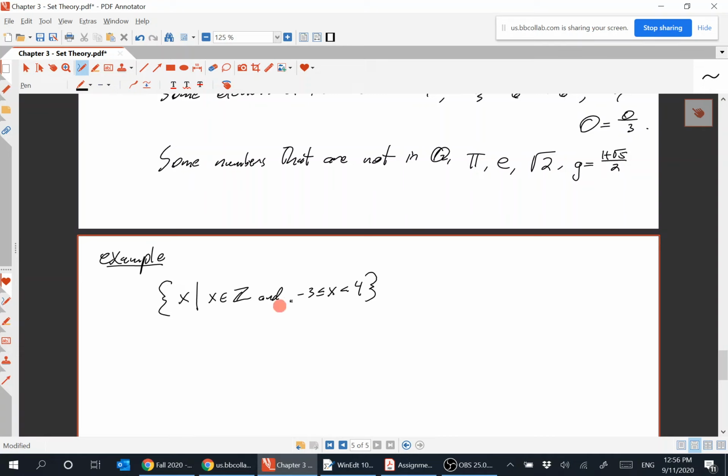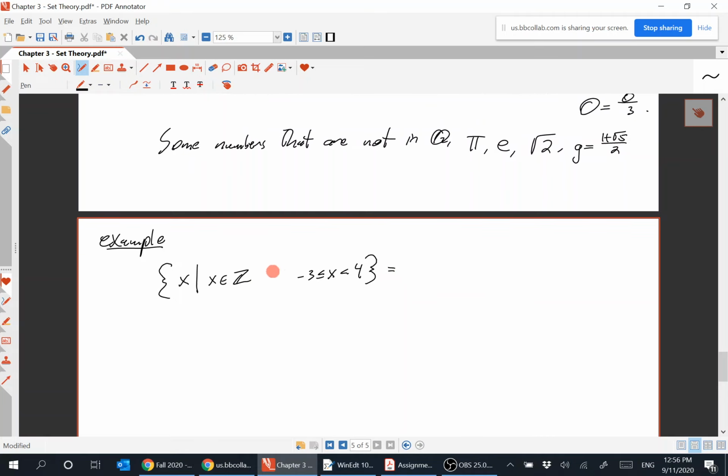So that's the set builder notation, but what is that set actually, listing out the elements explicitly? Just integers from -3 to 3. So it's -3, -2, -1, 0, 1, 2, 3. Not including 4, because it's strictly less than 4.